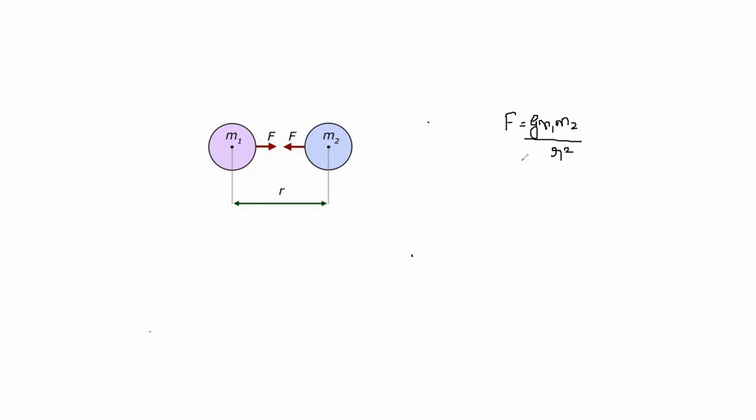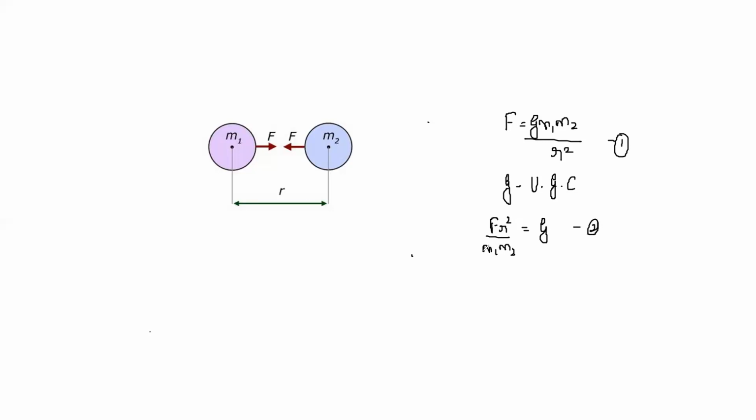Here G is called the universal gravitational constant. I can simplify this equation for capital G also: G equals F r square divided by m1 m2. This is the value of the gravitational constant.